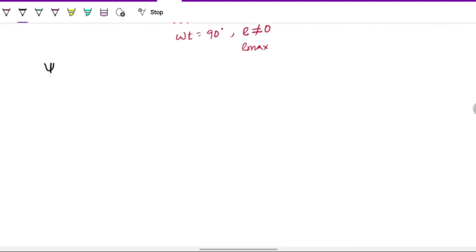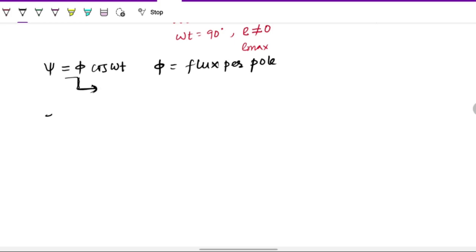Let psi is equal to phi cos omega t, where psi is the value of flux per pole of the synchronous generator, and the distribution of this flux is such that psi will be cosine in nature.